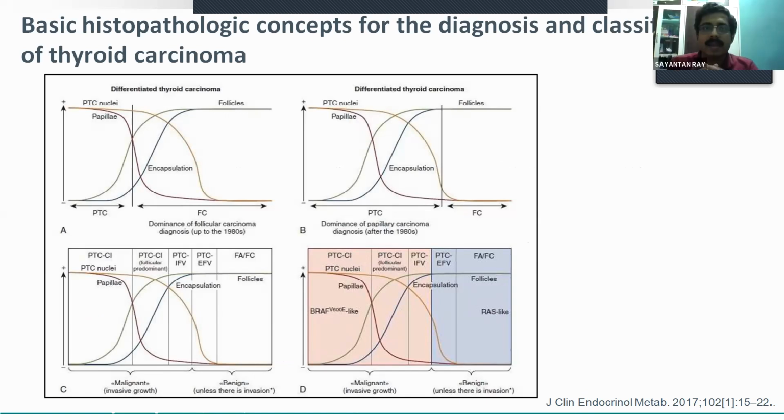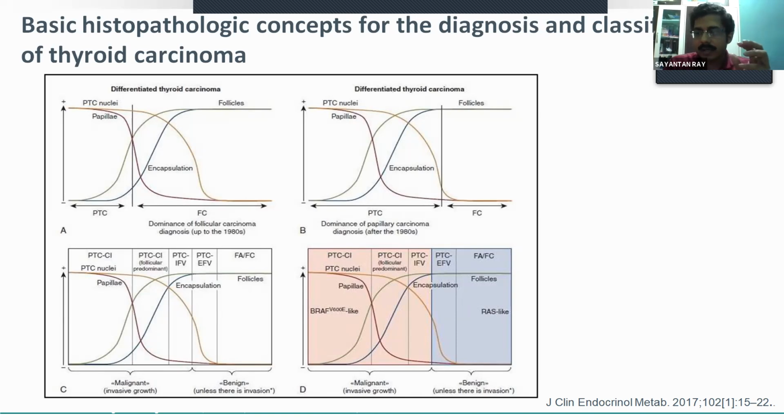So if we look at the basic histopathologic concepts for the diagnosis and classification of thyroid carcinoma, on the top panel, that is panel A and B, the black vertical bar actually represents the histologic border between the cases diagnosed as papillary carcinoma, on the left, and follicular carcinoma, on the right.